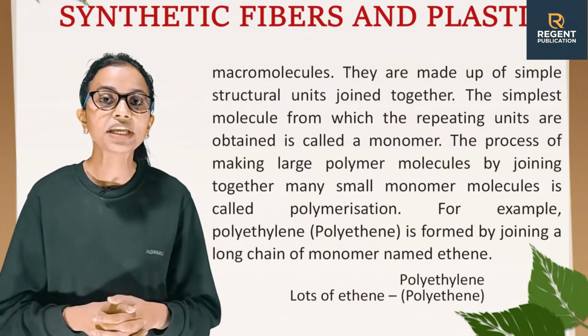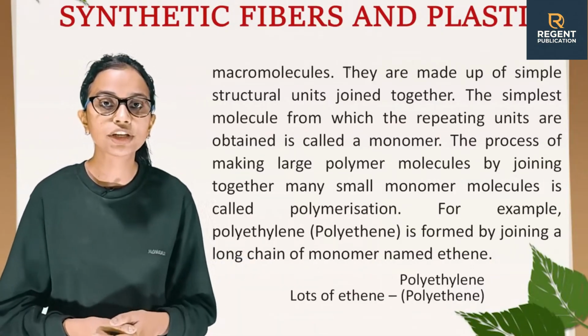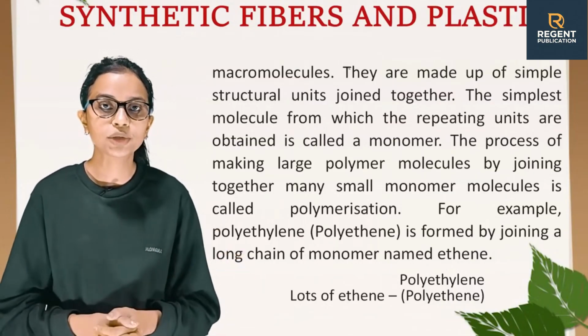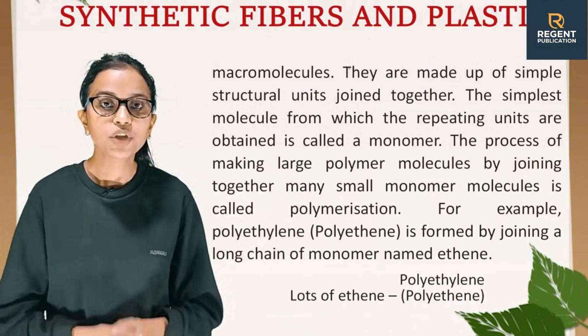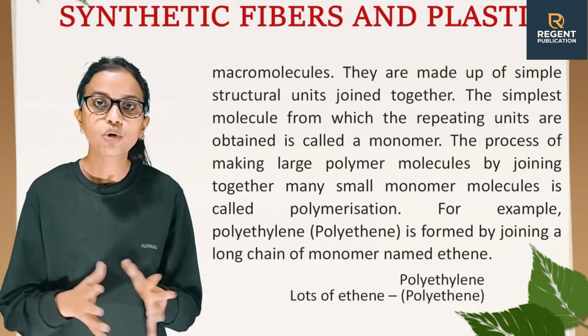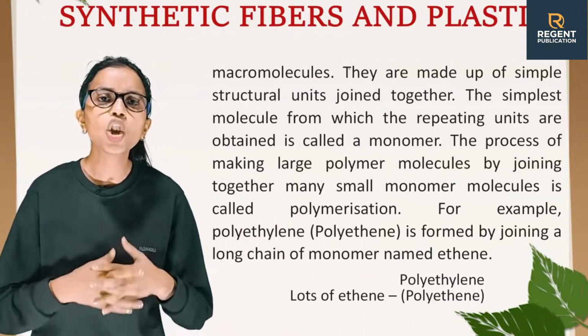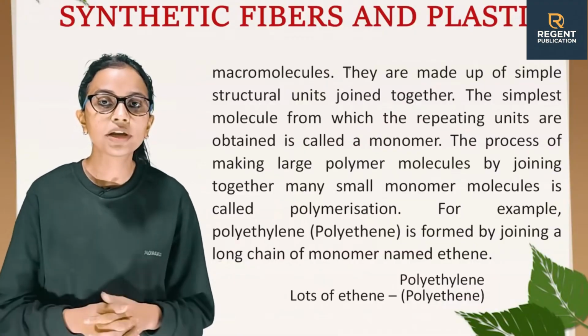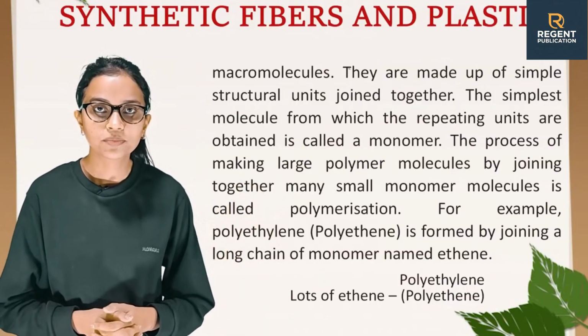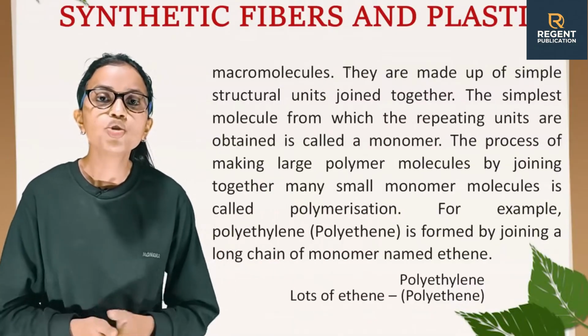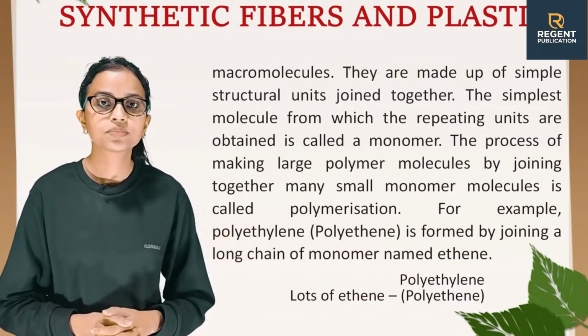The process of making large polymer molecules by joining together many small monomer molecules is called polymerization. For example, polyethylene, that is polythene, is formed by joining a long chain of the monomer named ethene. Polyethylene or polythene is made from lots of ethene.